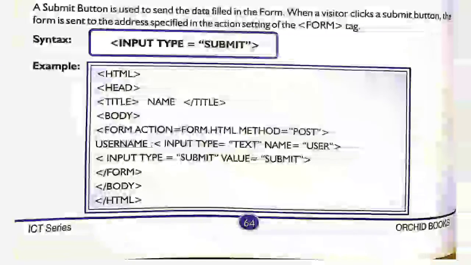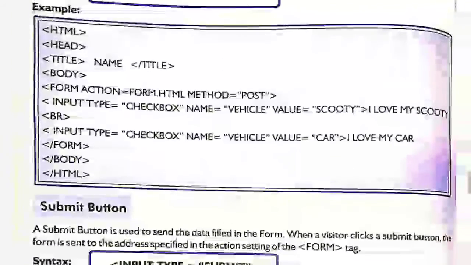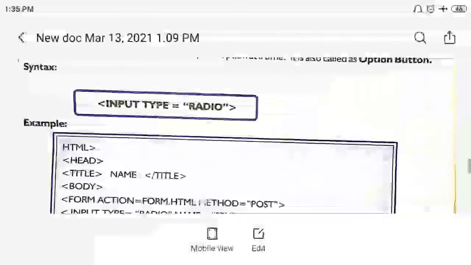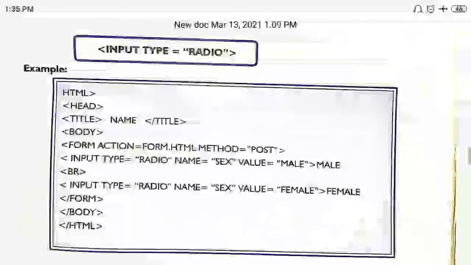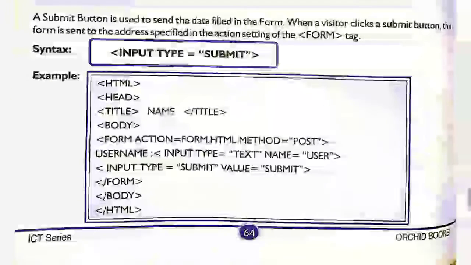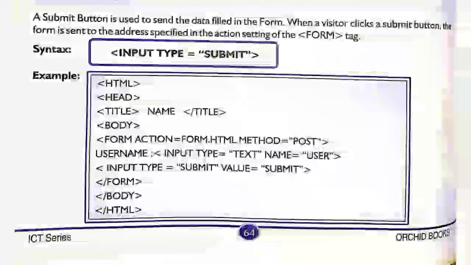The syntax for this is input type is equal to submit, and the checkbox is input type is equal to checkbox. Okay, and sorry, radio button is input type is equal to radio. So you can use any of these input types to use these input methods.